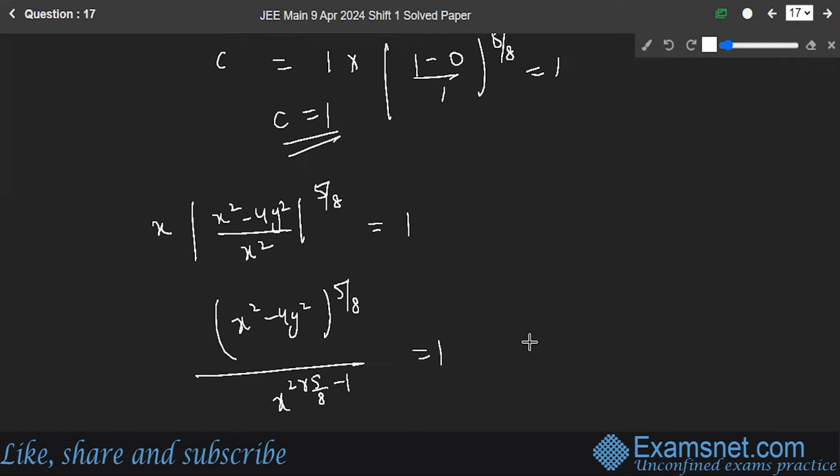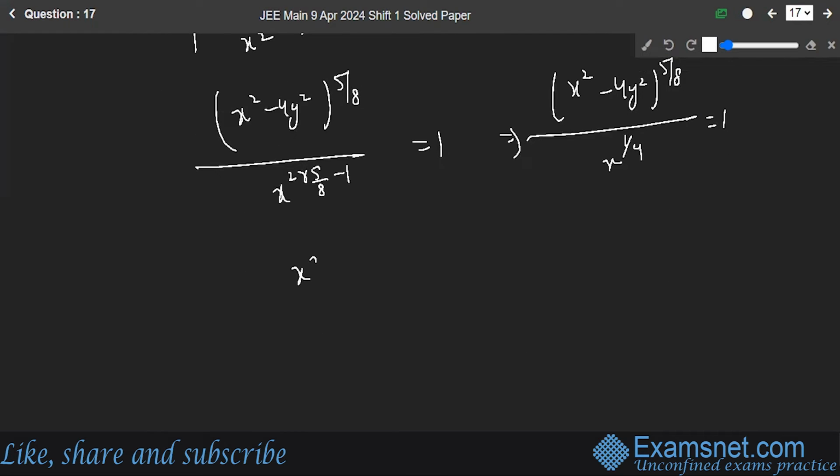So this is equal to 1. This gives me (x squared minus 4y squared) raised to power 5 by 8, times x to the power of 5 by 4 minus 1, which will be equal to this. Or you will have x squared minus 4y squared is equal to x to the power 1 by 4, and this is whole raised to power 5 by 8.